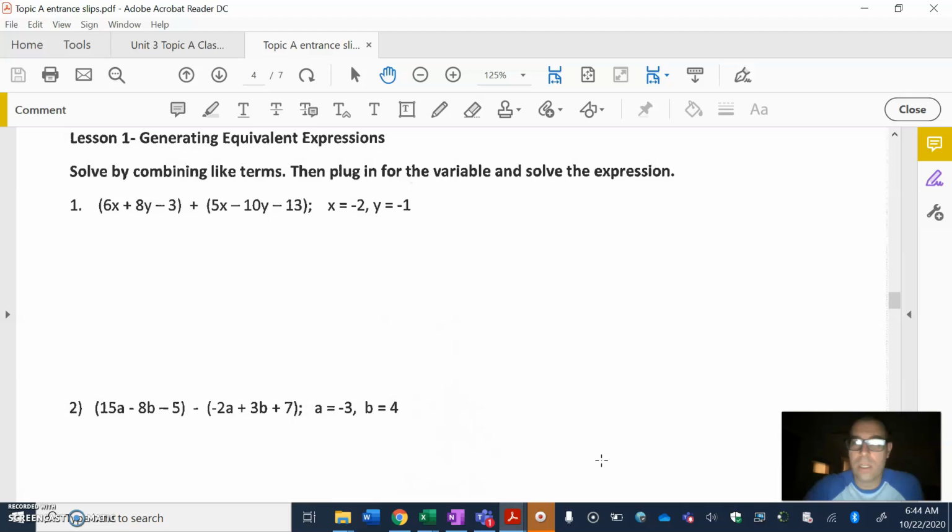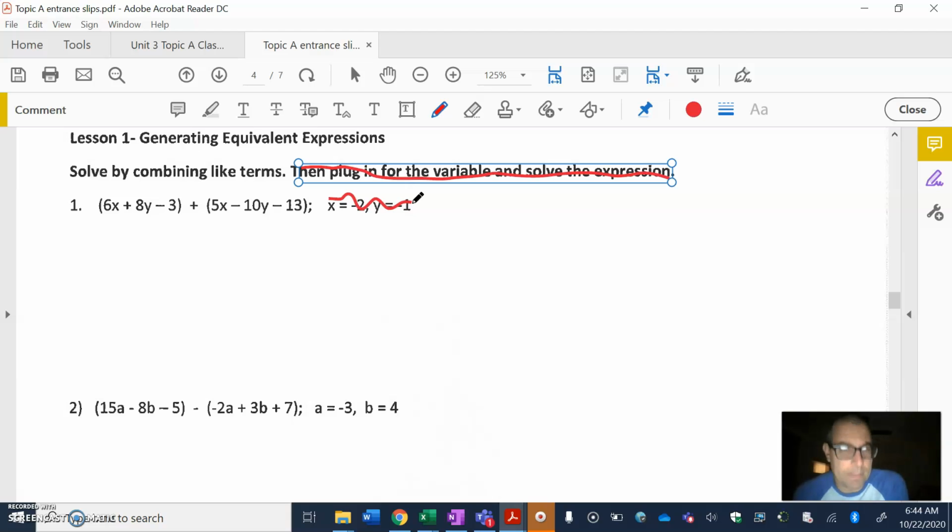Things to keep in mind: we're going to stay consistent. We're not going to worry about plugging in for the variable and solving the expression. I think simplifying is enough right now, and trying to plug it in to verify isn't going to help you out. So we're going to stay focused right here.